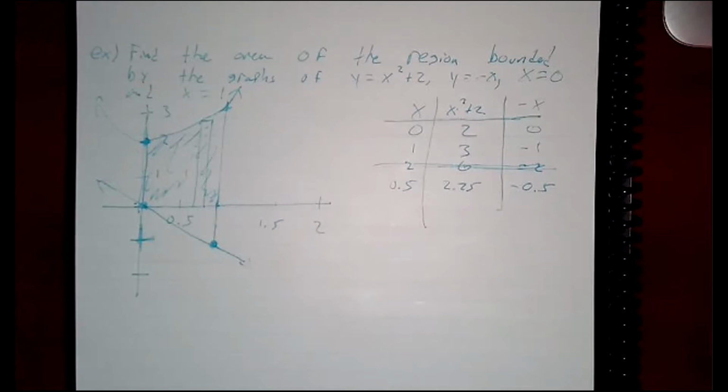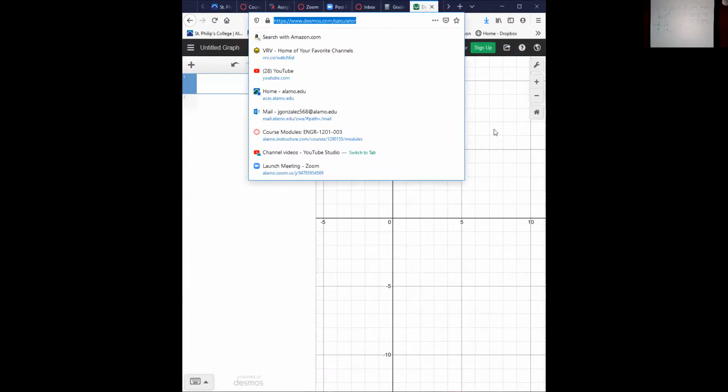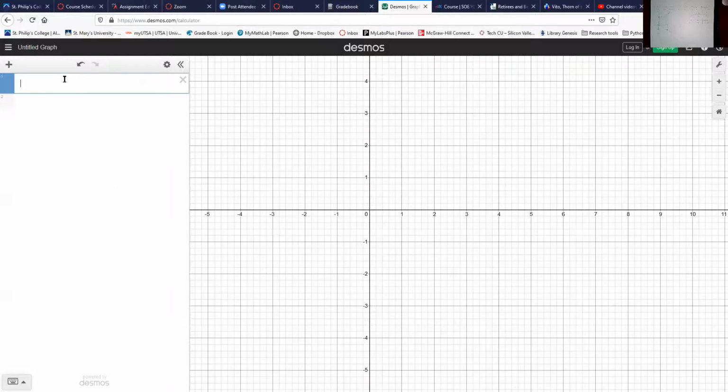Get rid of all these examples from earlier. Okay, you guys can see the graph, right? Yes, sir. All right. Can you still see it? I maximize it. I don't know how it changes on your end. Okay. So I'm gonna graph the first one, the parabola.